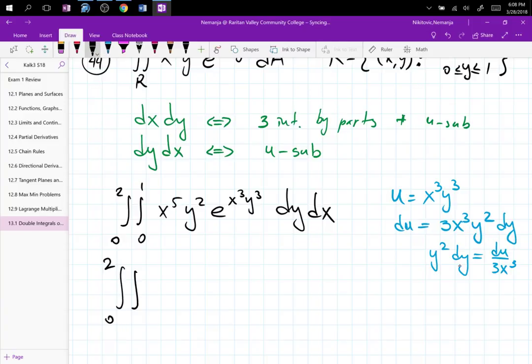So when I plug that in, I have x to the 5 y squared e to the u, and now I have du over 3x cubed, and I have a dx there.